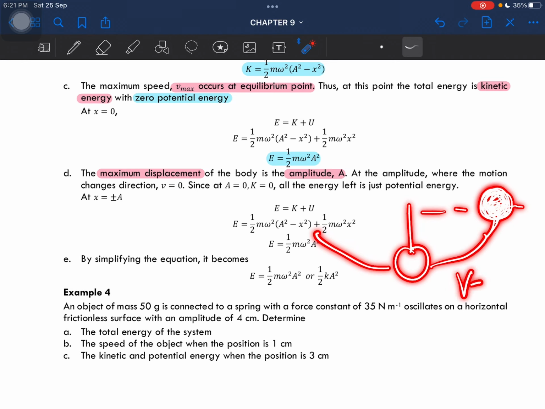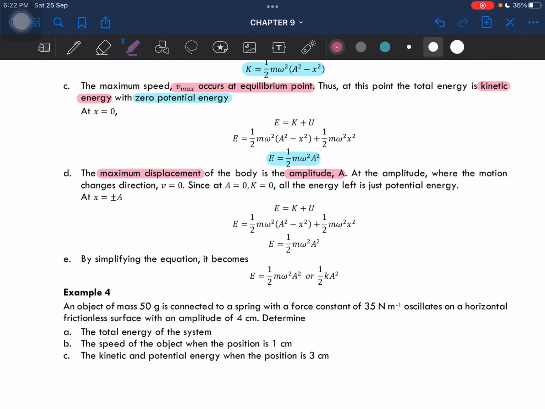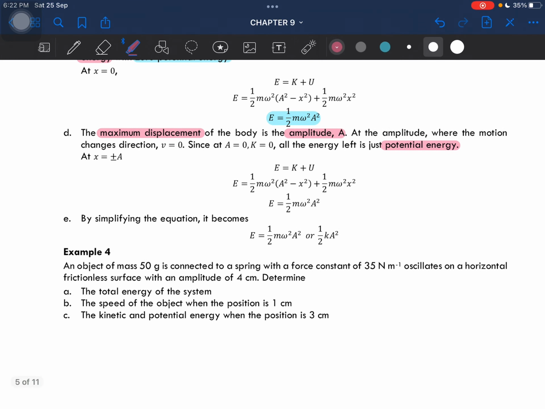We know that the velocity will equal 0. When the velocity is equal to 0, it will then change direction, so that's why it goes back and forth. At this point, velocity is equal to 0. So what energy is left? We will be left with just potential energy. In that case, we get the formula to be the same, which is this formula.